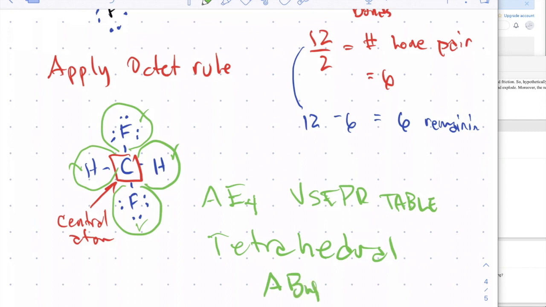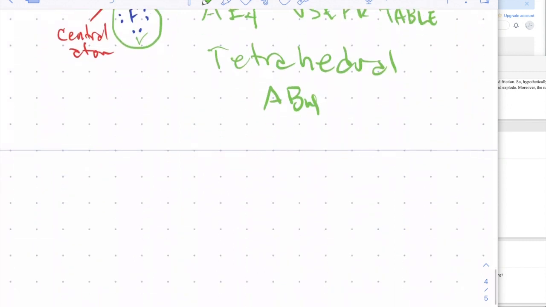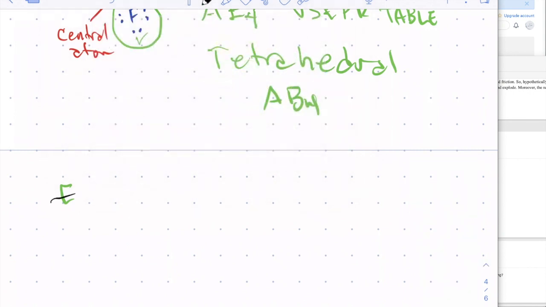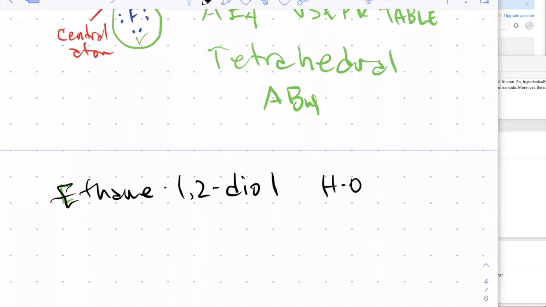So we're done with difluoromethane. Next thing I'm going to do is this chemical right here, ethane-1,2-diol. Change pen. That particular chemical has a hydrogen, an oxygen, a carbon, a carbon, an oxygen, and a hydrogen.